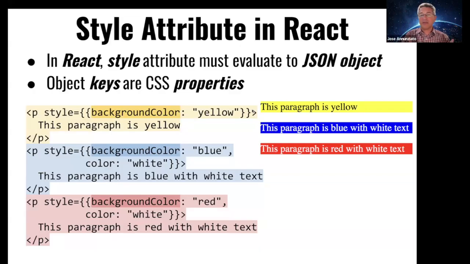Now the expression could be a hard-coded object, or it could be a function that gets invoked, and then that function is responsible for evaluating into an object with properties and values. So it could be a function that goes out to some database, does some really complex computation. As long as its output is an object with property values, then you're good. That expression is valid.